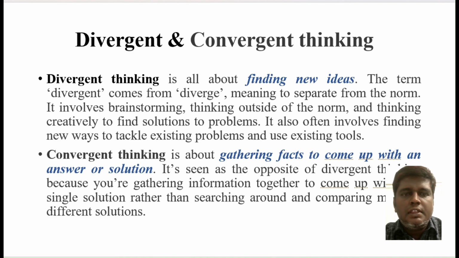Divergent thinking is mainly focused on finding new ideas. That is, we have to form a team and discuss the various ways or methods which should be adapted to design the project.